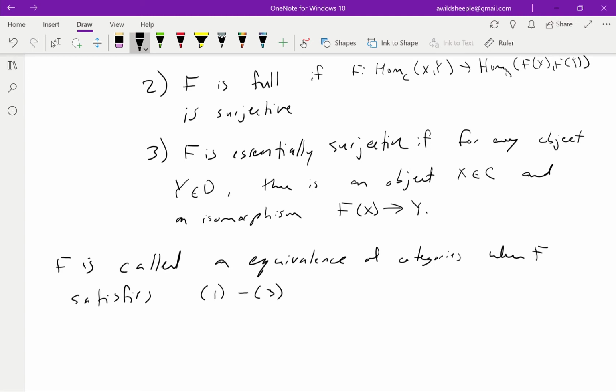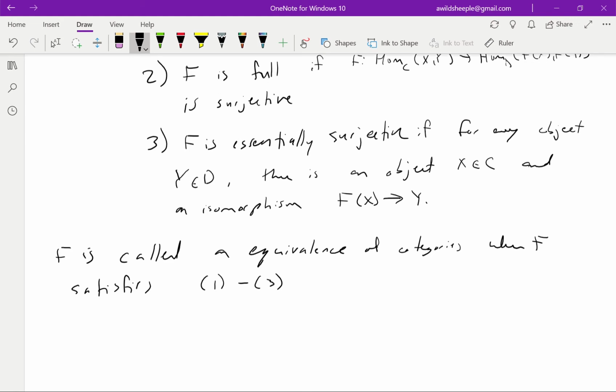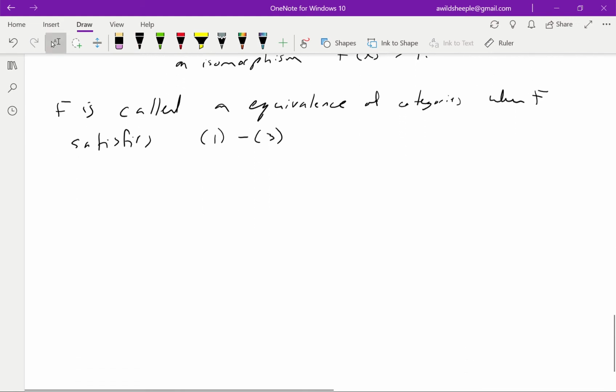Like I said, we're going to return to this later when we have said some words about natural transformations. This is our working definition. Let's take a look at our example again and convince ourselves that, while it's not an isomorphism of categories, it is an equivalence of categories.